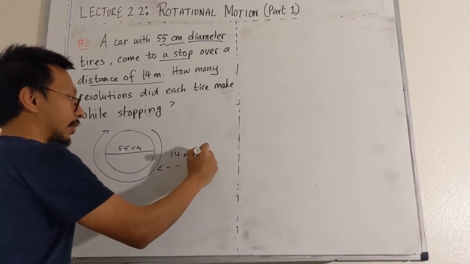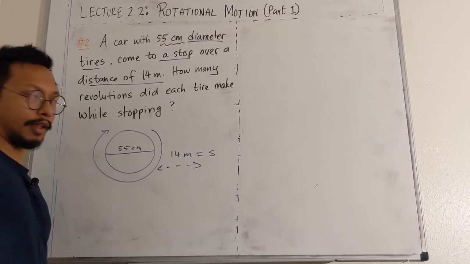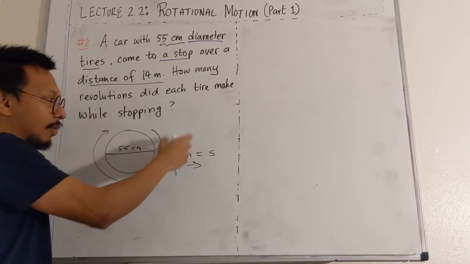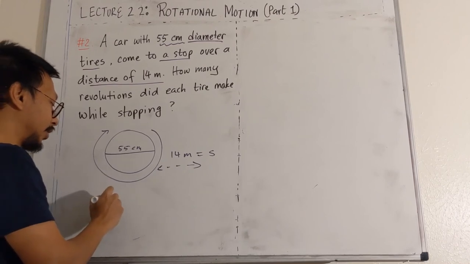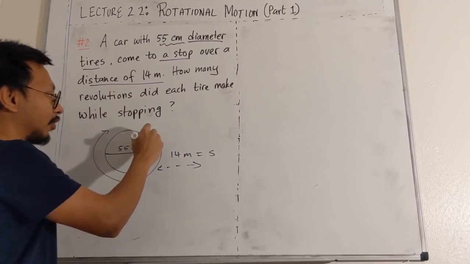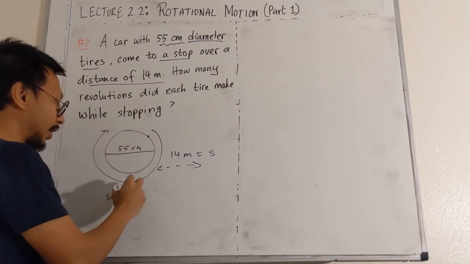Rotating distance is nothing but the arc length, and it is related to the angular position of any point on this circular tire.